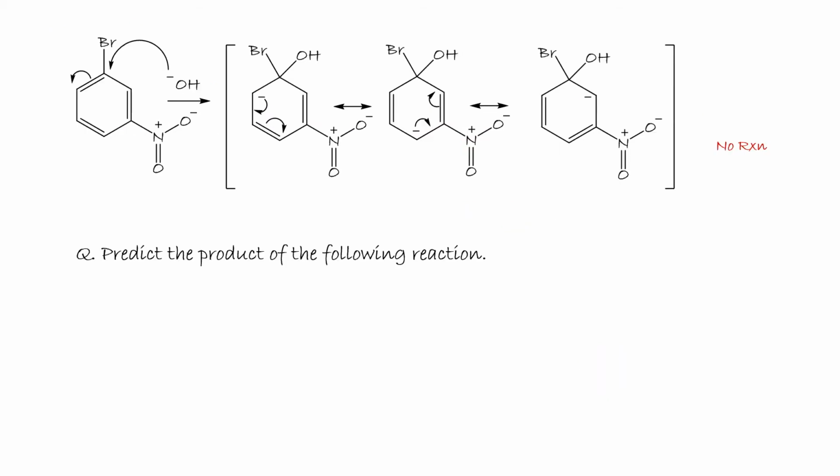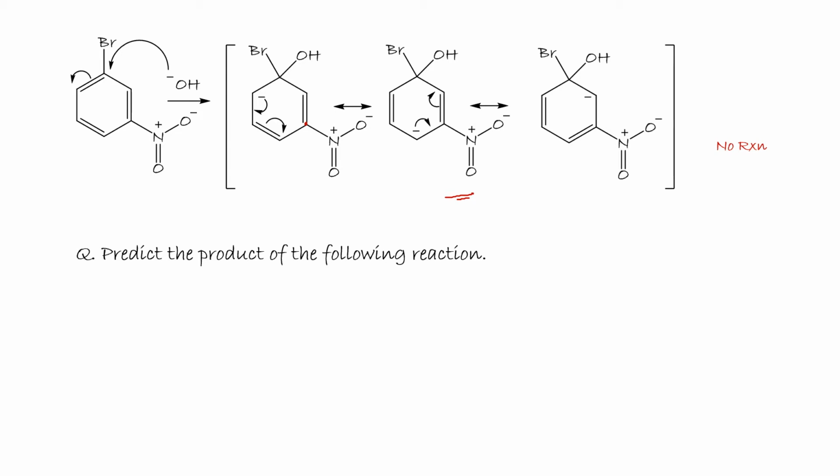In meta, you don't have the resonance structure where you can find the negative charge on the same carbon carrying the NO2. So we have 3 resonance structures here, and that's not as stable as the previous one.